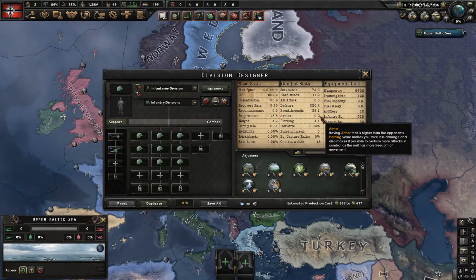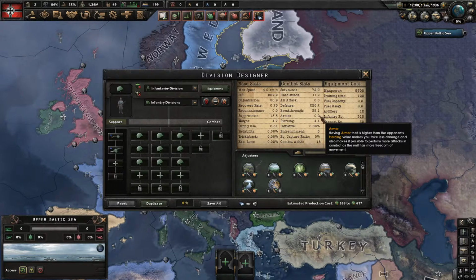Armor. Having higher armor than the enemy means that your units are better protected and that you can move more freely on the battlefield. So this is not talking about tanks, but it's talking about the protection of your units.